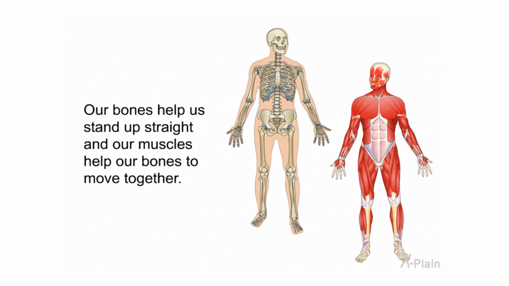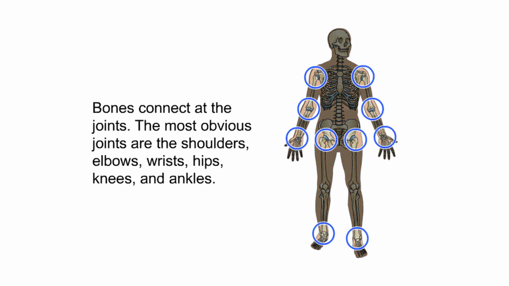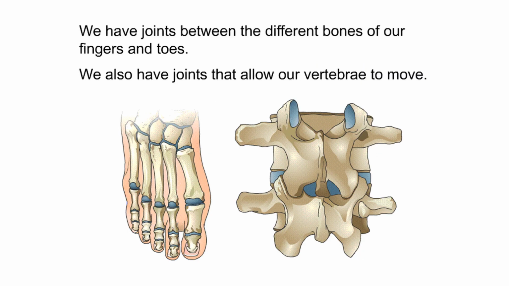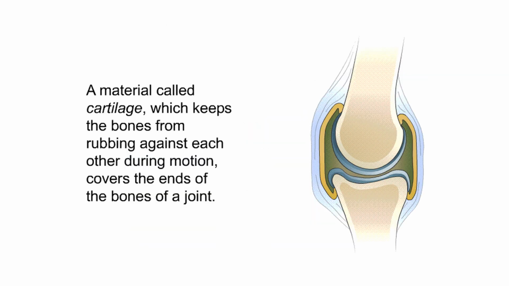Anatomy. Our bones help us stand up straight, and our muscles help our bones to move together. Bones connect at the joints. The most obvious joints are the shoulders, elbows, wrists, hips, knees, and ankles. We have joints between the different bones of our fingers and toes. We also have joints that allow our vertebrae to move.